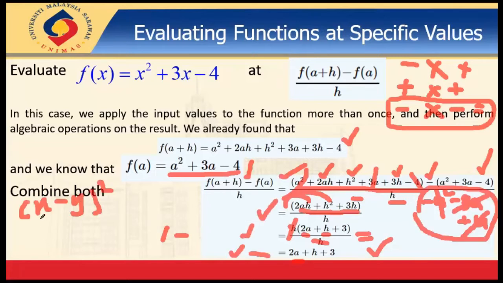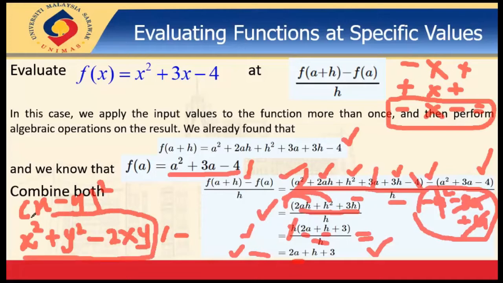So if it is like this, x minus y whole square, then it will be equal to x square plus y square, but negative 2xy. Next time if there is any calculation, we can directly put it like this.